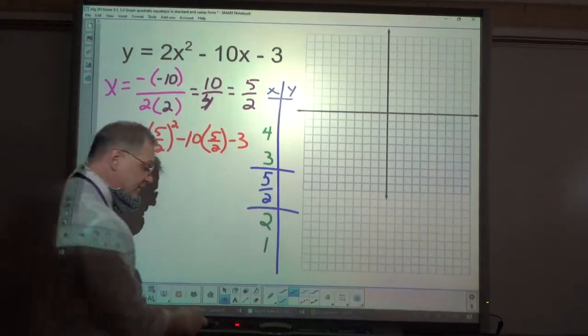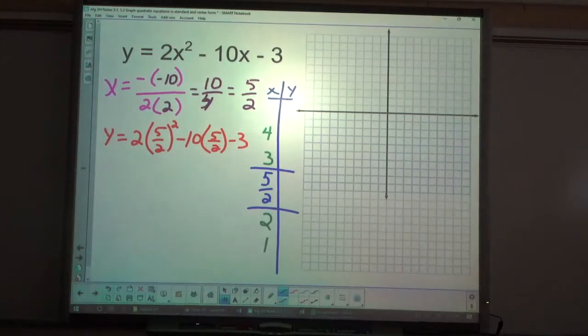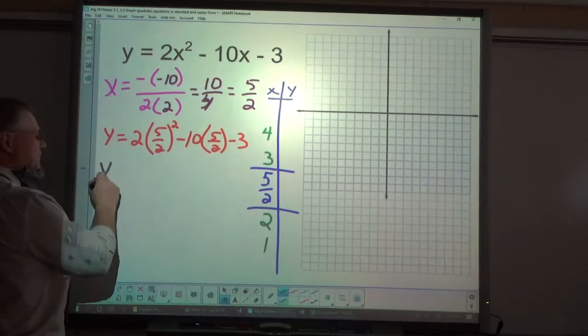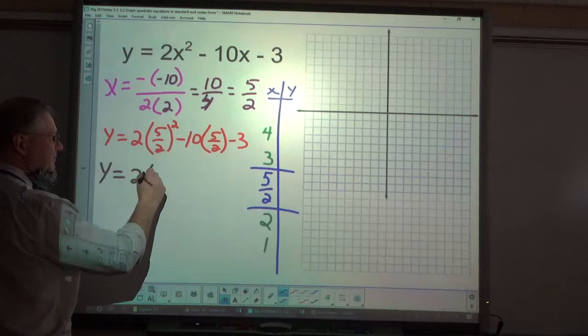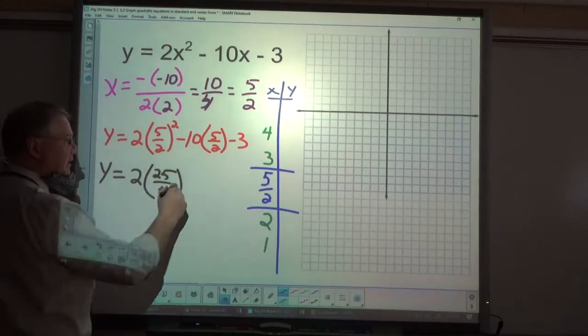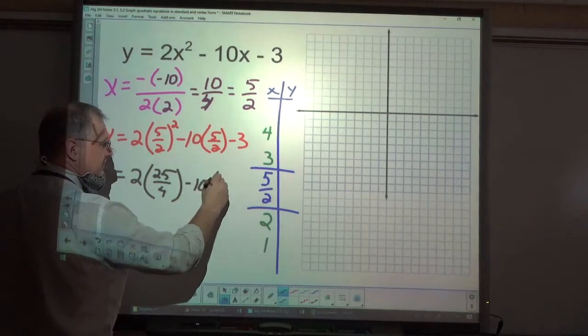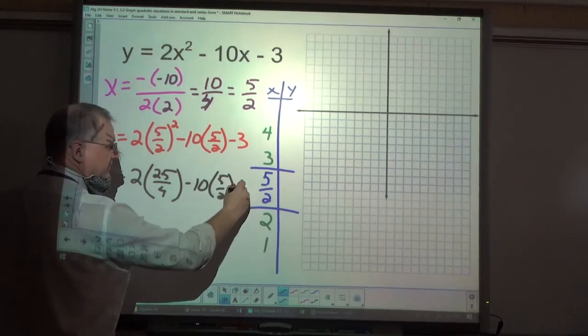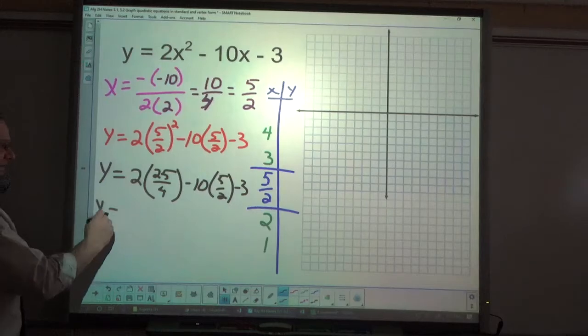So now I've plugged these in, now that we've been lovely interrupted. So 2 times 25 over 4, remember you have to square the top and the bottom, minus 10 times 5/2 minus 3. All right, let's see.